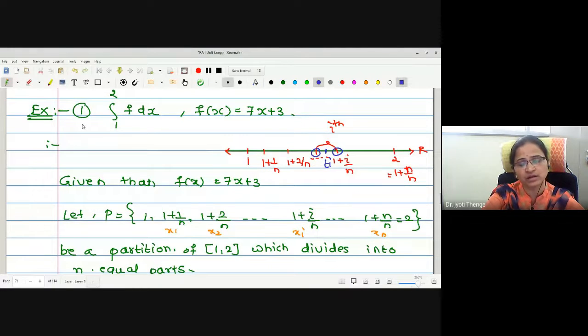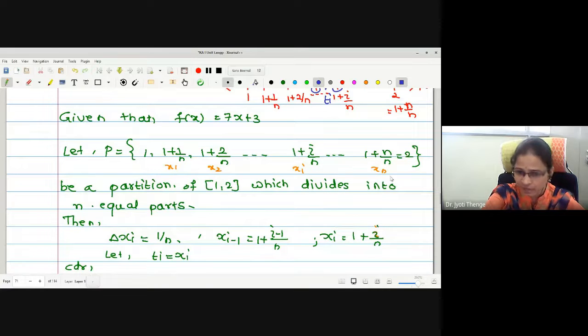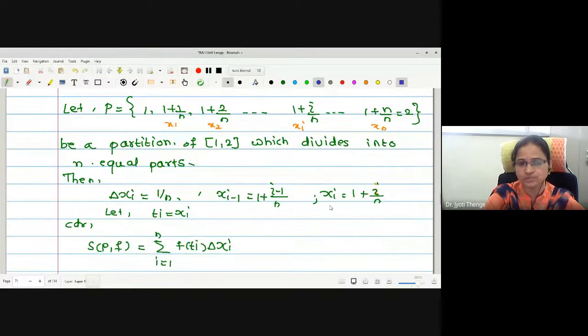First example, under this we have solved the integration of the function 7x plus 3 over the interval 1 to 2. Same method we have used. The given interval we have partitioned into n equal parts. Delta xi, the length of every subinterval, we have written as 1 by n.